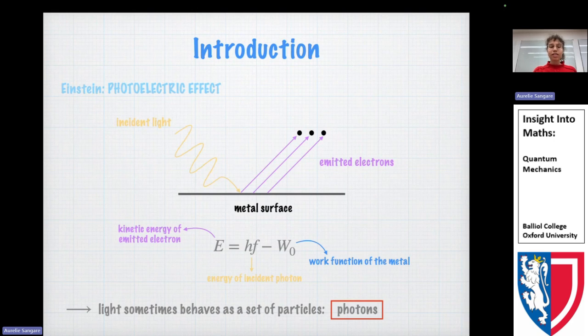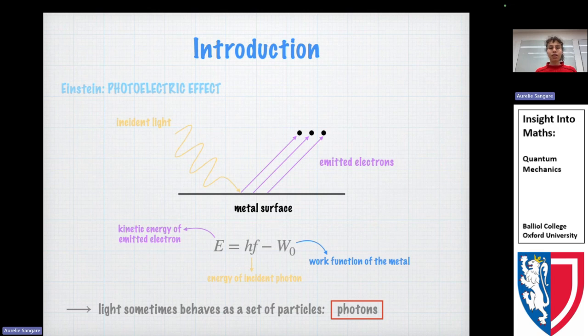So here E is, as I said, the kinetic energy of an electron that is emitted, and W0 is a number which depends on the metal that you are considering, and which is called the work function of the metal. So essentially you can see this work function of the metal as an energy that is keeping your electrons to the surface.